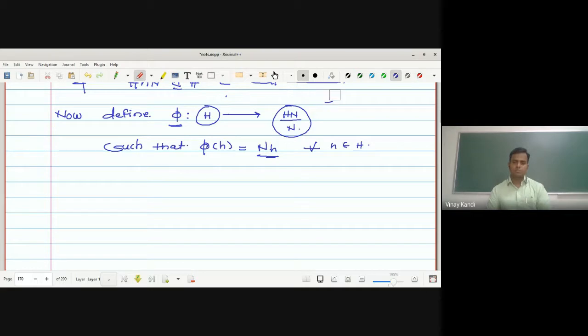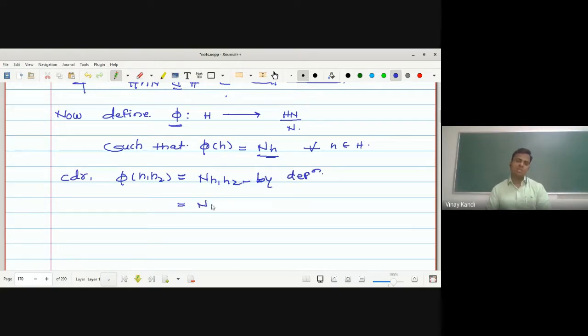Look at that. We are defining phi of h equal to Nh. Consider phi of h1 h2. By the definition of phi, this is N h1 h2. This is right by definition. Now this is N h1 into N h2. What is the reason?